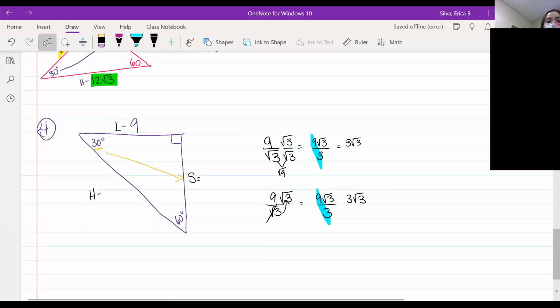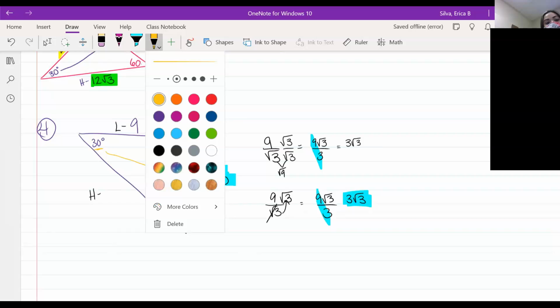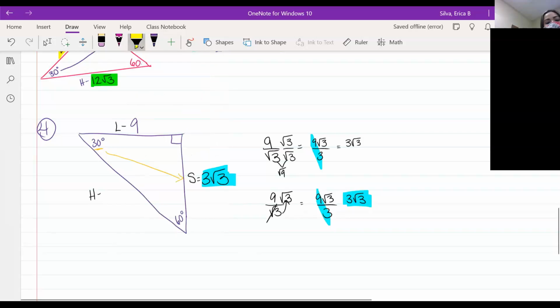All right, so that means that my short side is 3 square root of 3. And from my short side, how do we get my hypotenuse? Perfect, we multiply it by 2. So we get 3 square root of 3 times 2, and we get 6 square root of 3.